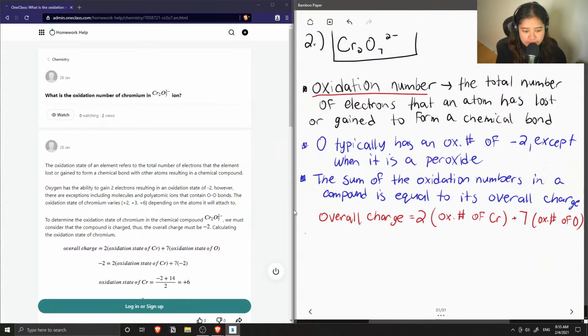Now let's sub in what we know. We know the overall charge of this ion is -2, and we're trying to solve for the oxidation number of chromium. We know the oxidation number of oxygen is -2.